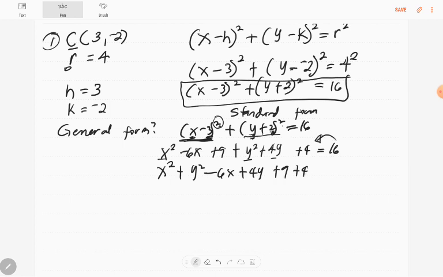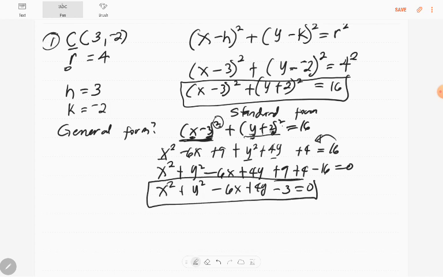Then transpose 16 to the left, that's -16 = 0. Then simplify again: x^2 + y^2 - 6x + 4y. Combine, 9 plus 4 is 13. Minus 16 gives you -3 = 0.